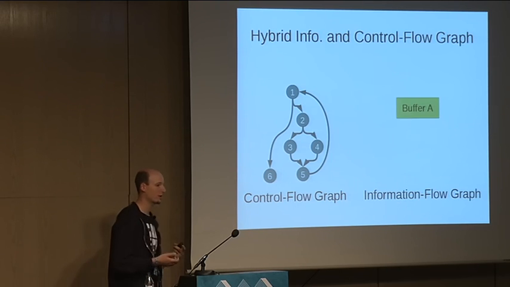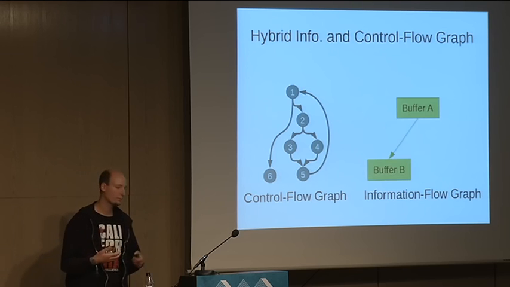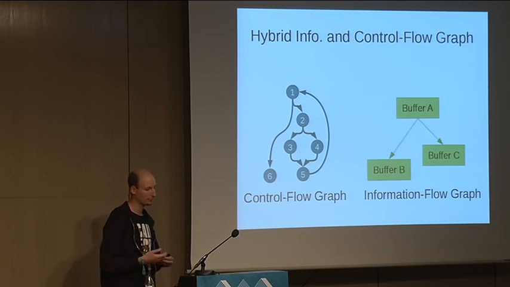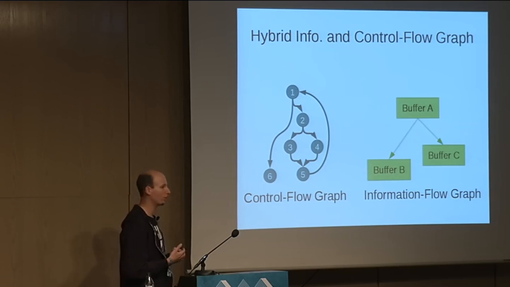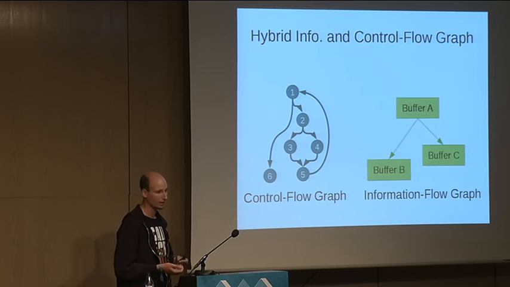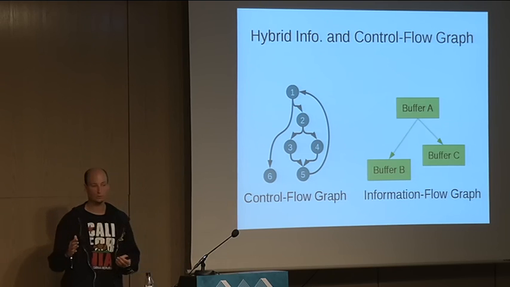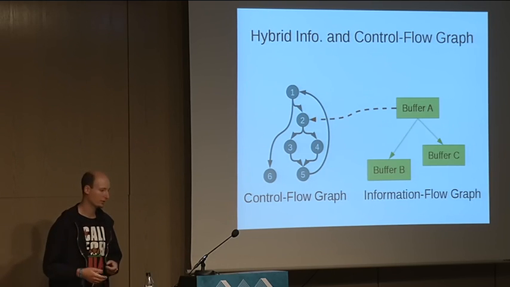An information flow graph encodes how information flows from one buffer to another buffer. These 2 data structures already exist, but we add additional producer and consumer edges along these 2 graphs so that we can use the combined graph to decide what the best points are to split individual transformations.